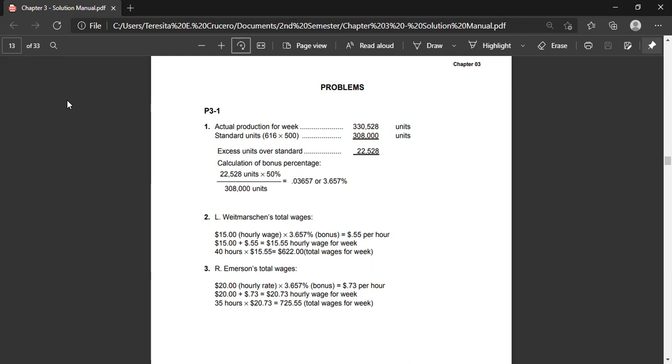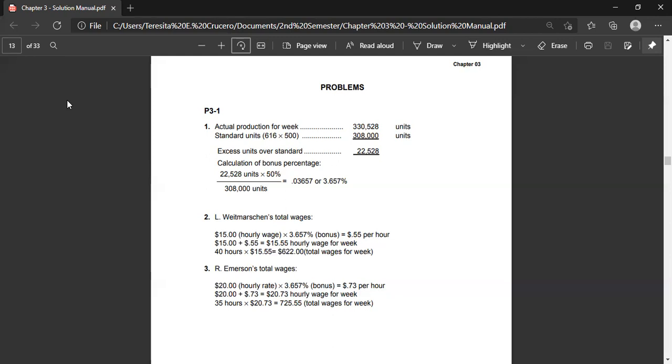Now, the computation of the bonus percentage: the excess multiplied by 50% divided by 308,000 units, the standard units. So we have 3.657%. That's requirement 1.